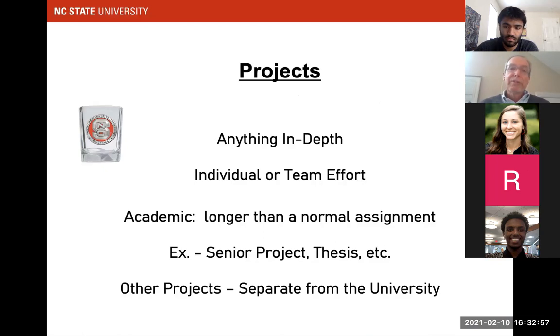And this is some information about different kinds of projects. So I mentioned anything, whether it's class related, where you put extra time and effort into it, longer than a normal assignment. So some obvious examples are senior projects and a thesis, that sort of thing. But it can be anything.